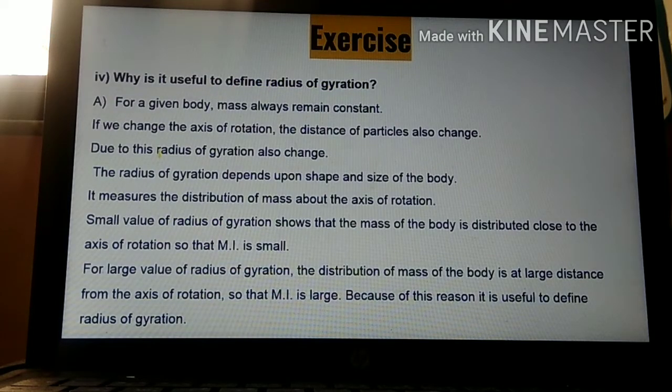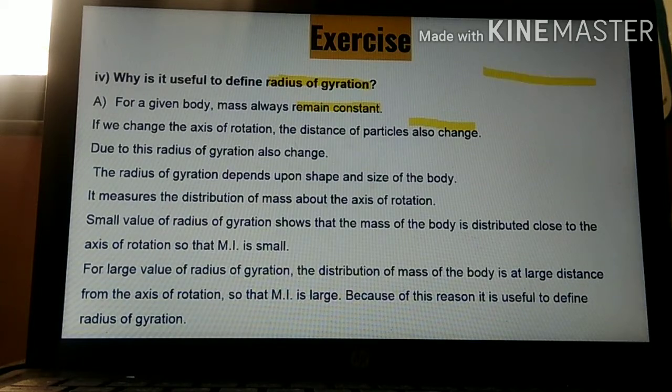Why is it useful to define the radius of gyration? This has already been explained briefly, but I will read it again. For a given body, mass always remains constant. If we change the axis of rotation, the distances of the particles also change.